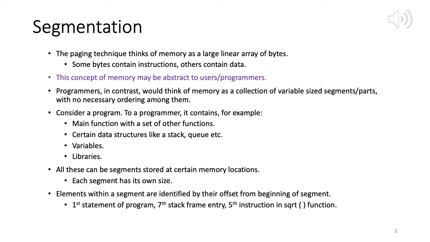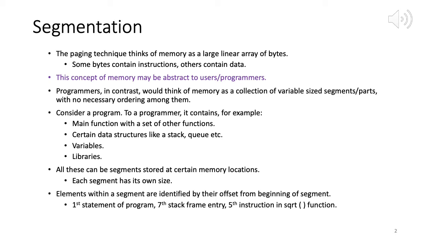So each program can be naturally divided into these parts: main function, data structures, variables, libraries. The idea is, for each part we have a particular segment in physical memory. All of these parts can be segments stored at certain locations.